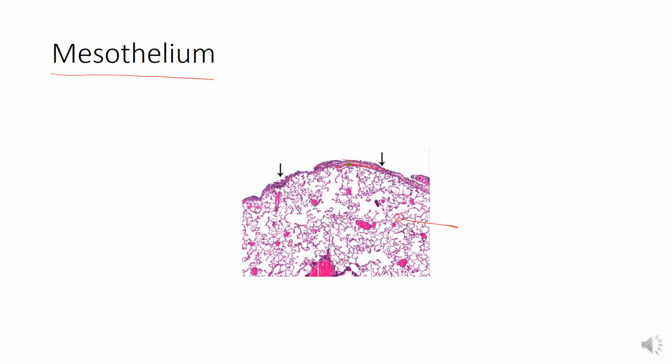Its function is also to secrete, as in the case of mesothelium lining the pericardial, peritoneal and pleural cavities. So the simple squamous has two functions: number one, the absorption of gases and water-soluble molecules, and number two, secretion.